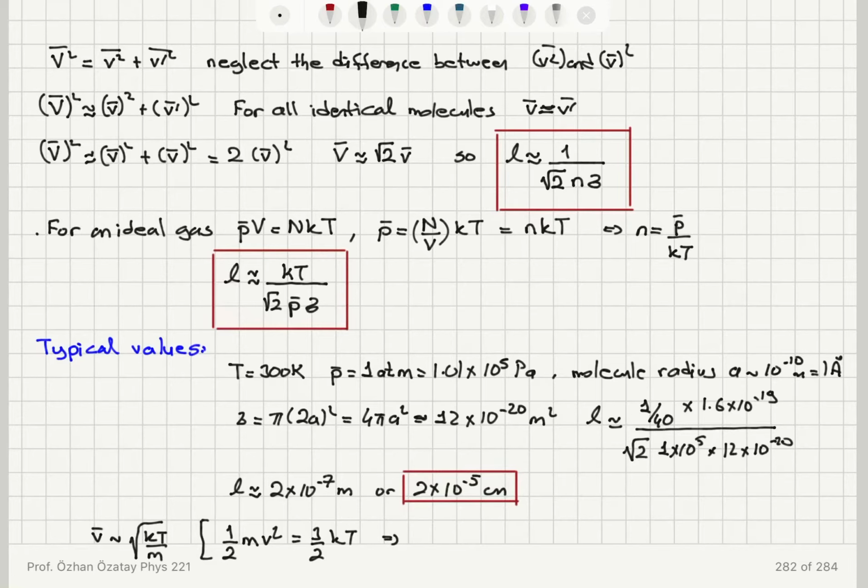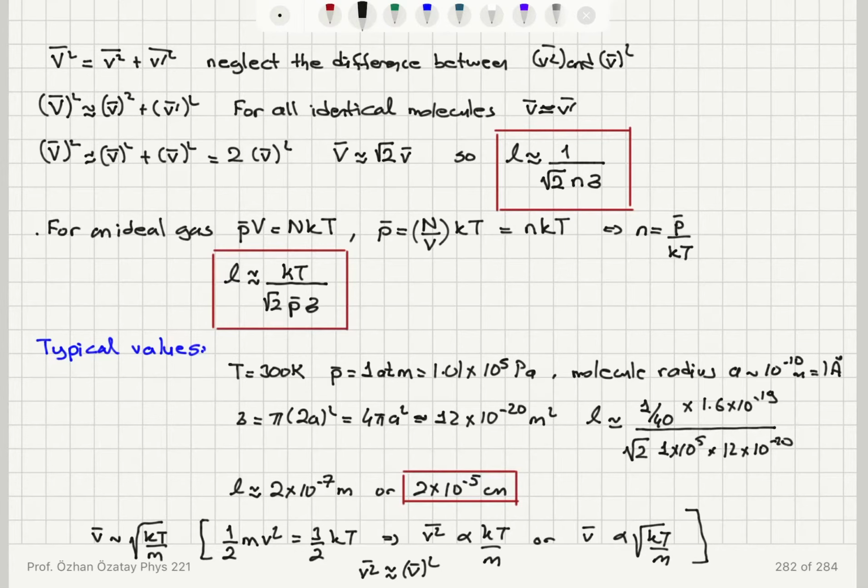So you can see that v squared bar is proportional to kT over m, or v bar is proportional to the square root of kT over m, because we're neglecting the difference between v squared bar and v bar squared. So this gives us the dependence on temperature, kT over m.